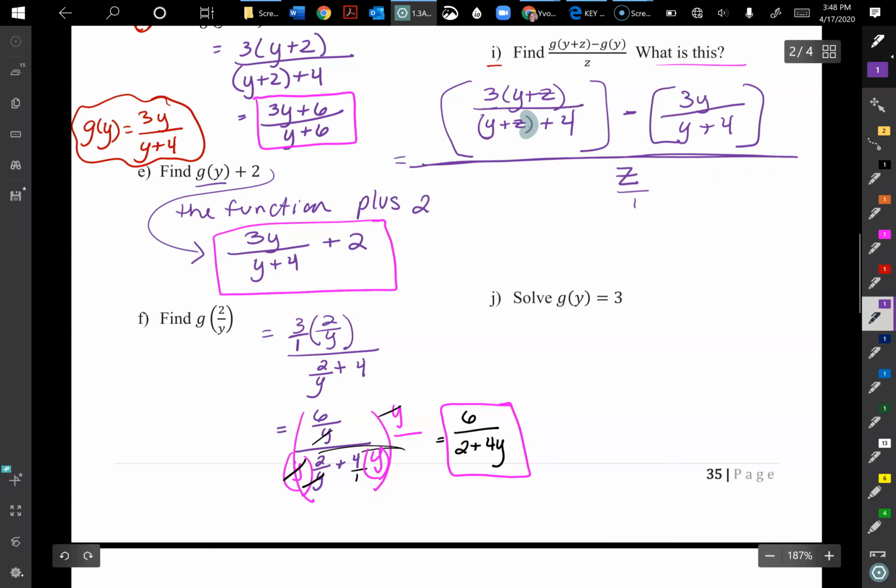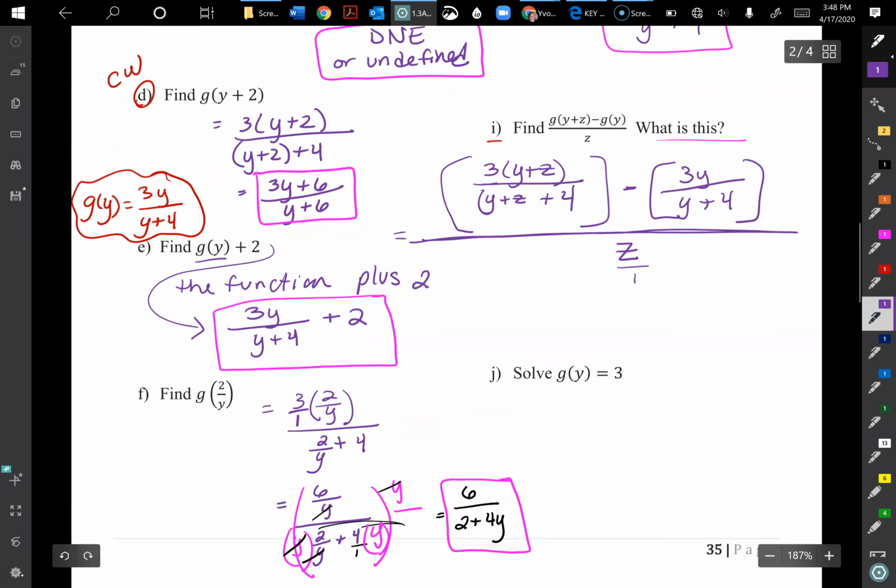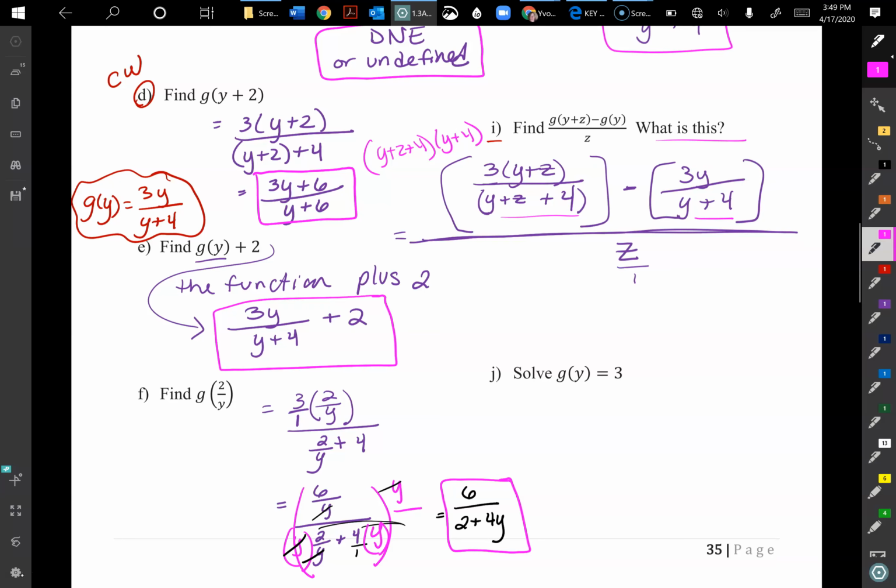I'm going to remove this parenthesis because we don't really need that. So if we multiply and distribute, y plus z plus 4 is one of our factors. And our other one is y plus 4. So if we were to distribute, that's the same as multiplying every term by that. So I'm just going to take a little shortcut here instead of rewriting it.